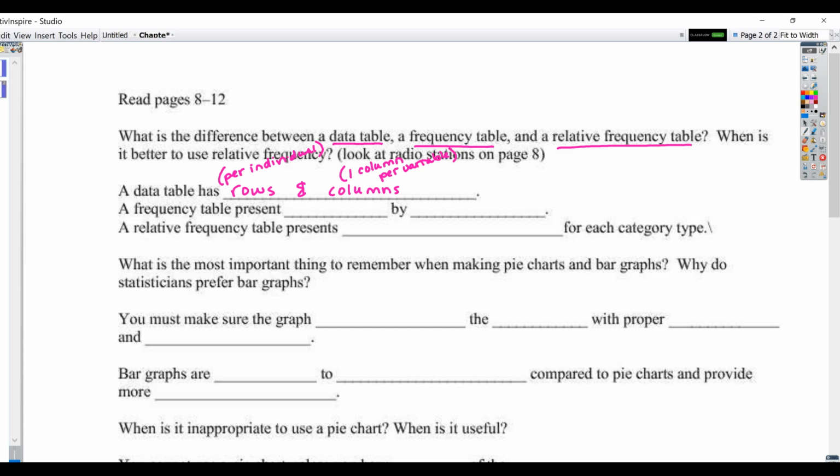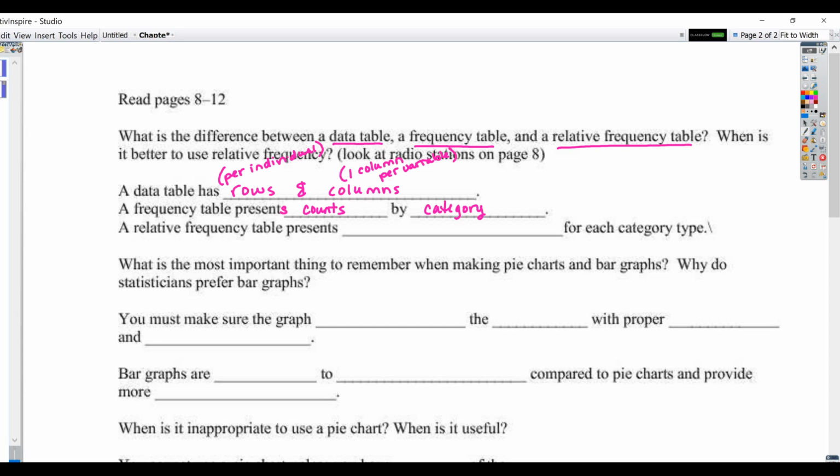Okay, so we just looked at a data table. The table that we just looked at with the 10 U.S. residents was a data table. A frequency table presents counts by category. It is still a table, obviously they're both tables, but it's going to show you how many individuals fall into each category.